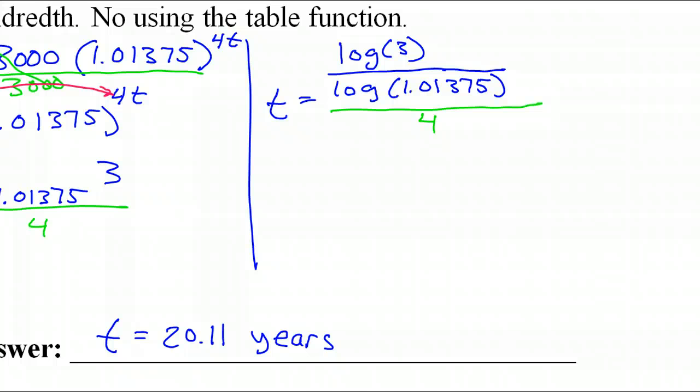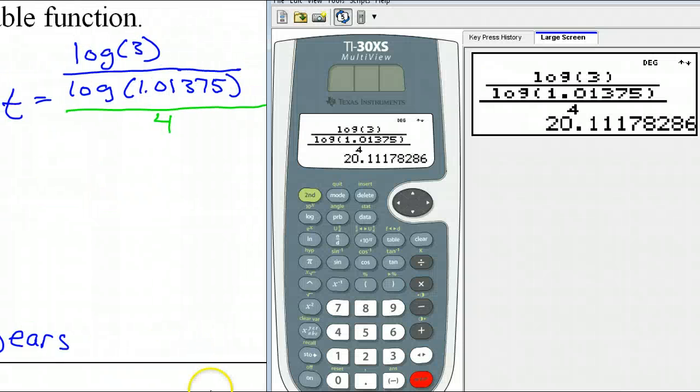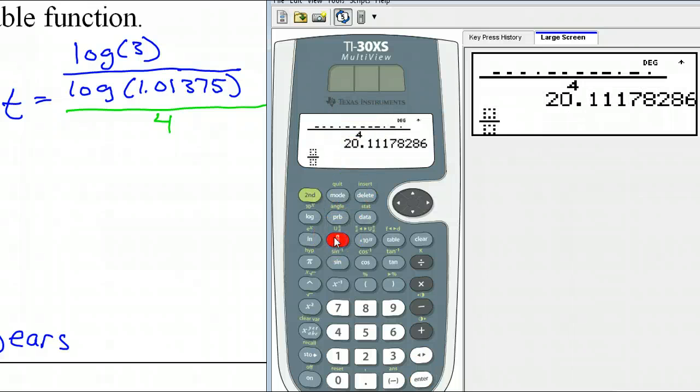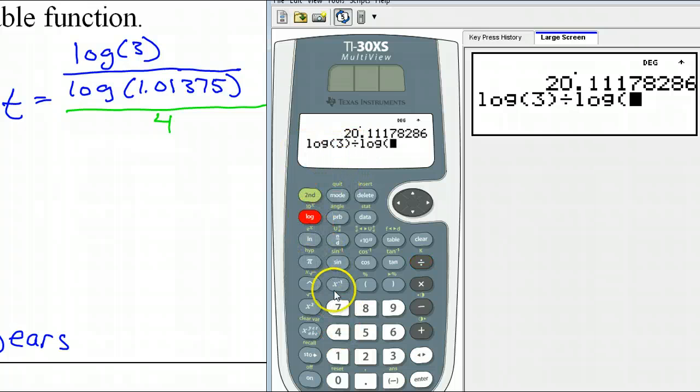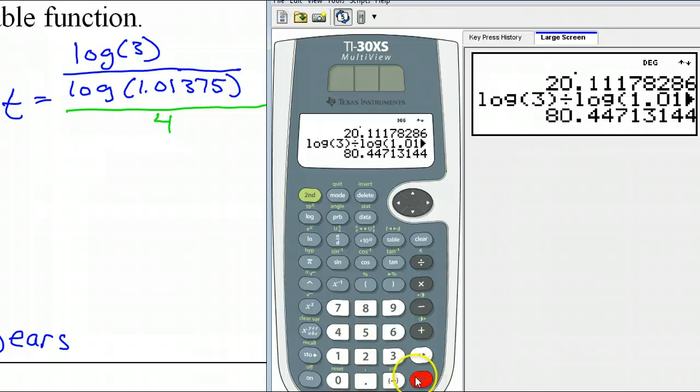Oh yeah, I was going to show you the other way of putting this in your calculator. Some kids get mixed up when they're typing this in and they wind up putting the fraction in the bottom, and that's wrong. So the other way to do it would be to just do it in stages. You could go, for example, log 3, and I'll even use the old-fashioned divided by sign, log 3 divided by log 1.01375, and hit enter.